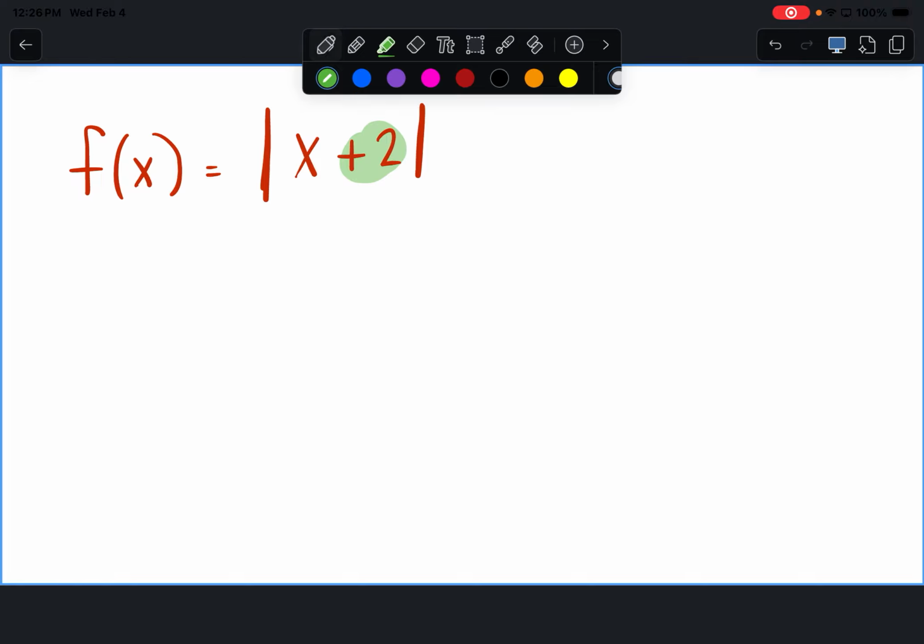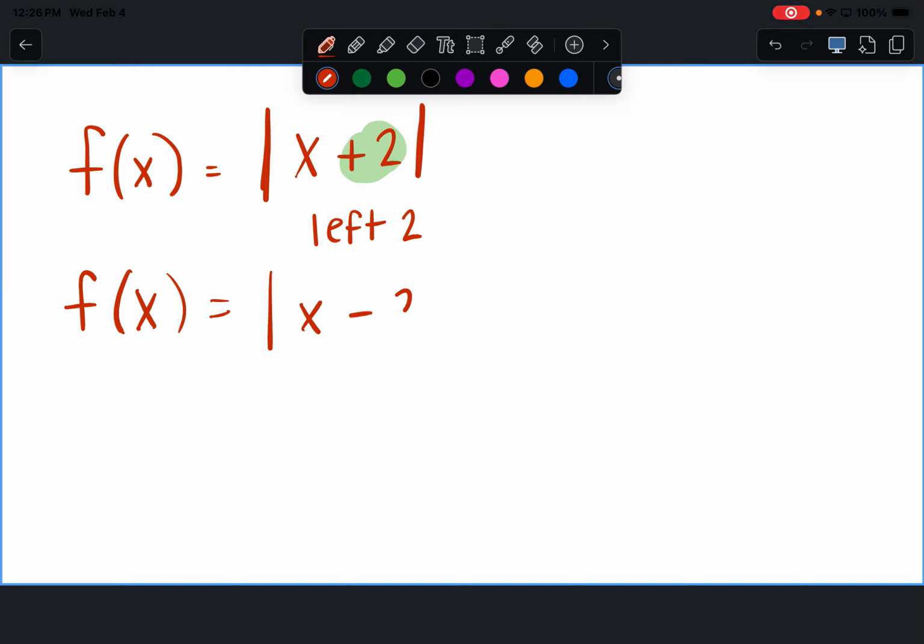It caused it to move to the left 2. When it is inside the function, it moves it horizontally. Okay, this went left 2. If I had f of x is equal to the absolute value of x minus 2, how would that cause it to move? To the right 2.